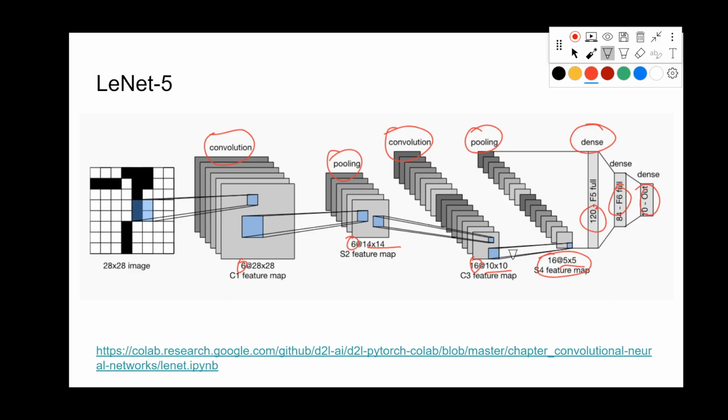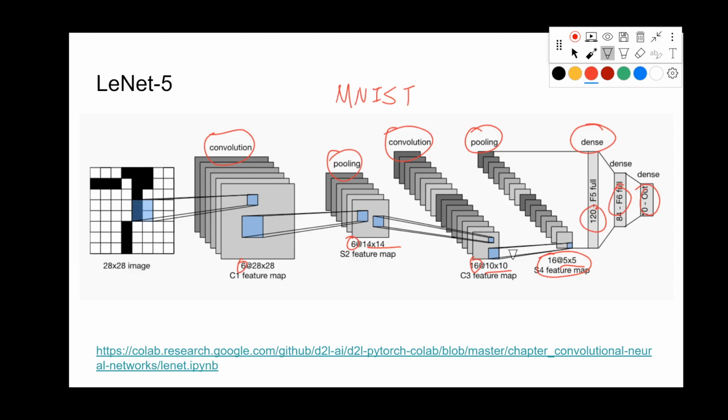And the LeNet was quite successful in its time, so it was used to handle the dataset called MNIST. I guess most people have used this dataset to do some experiments, and the LeNet uses most of the basic CNN layers we have discussed.